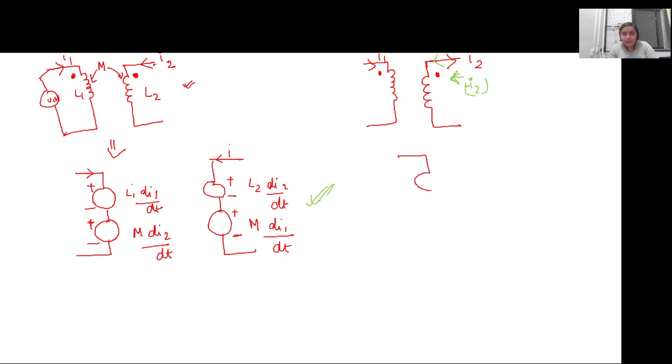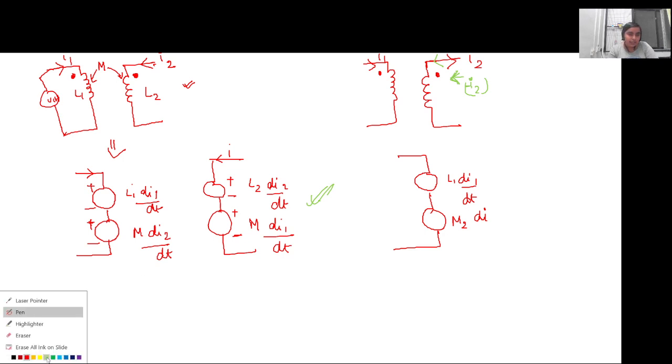So now for the first circuit, let us draw the self inductance and the mutual inductance. The self inductance will be again L1 di1 by dt. The mutual inductance will be M d. Now we have imagined that minus I2 current is entering the branch, so both the currents are entering the branch. Let us just write the convention like this for the voltage.